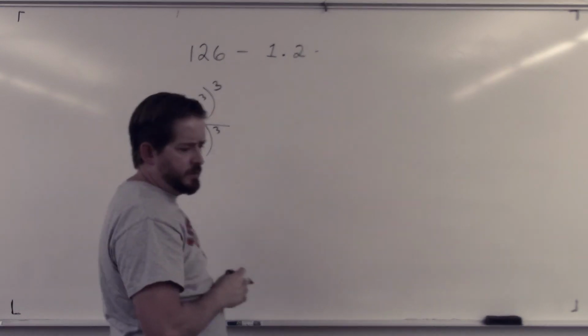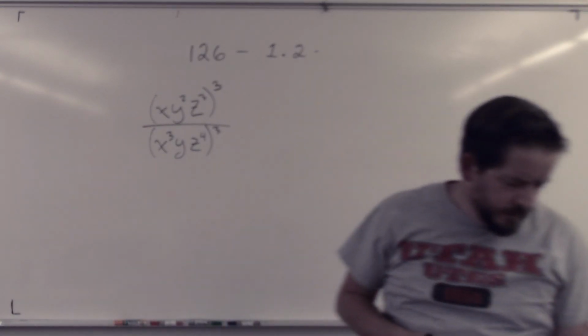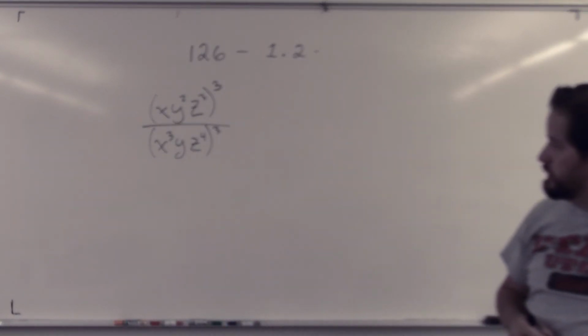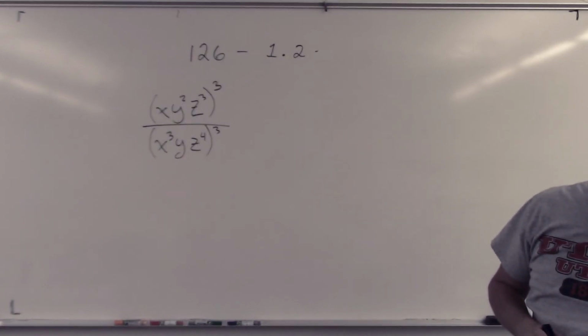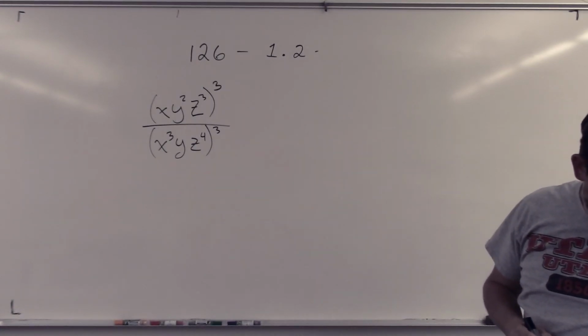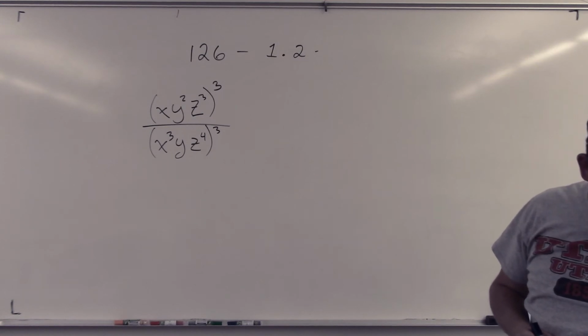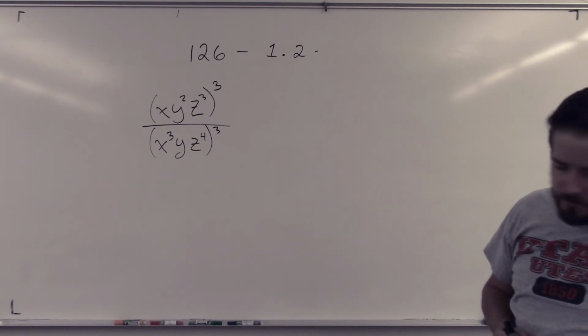Hopefully I wrote that right. It's very small. X y squared z to the third in the numerator, all to the third, and then x to the third, y z to the fourth, all to the third.